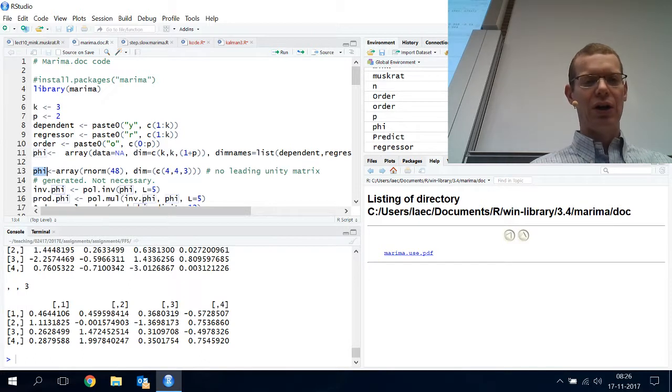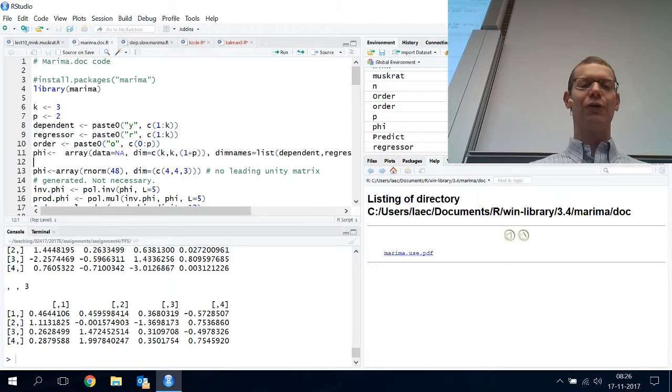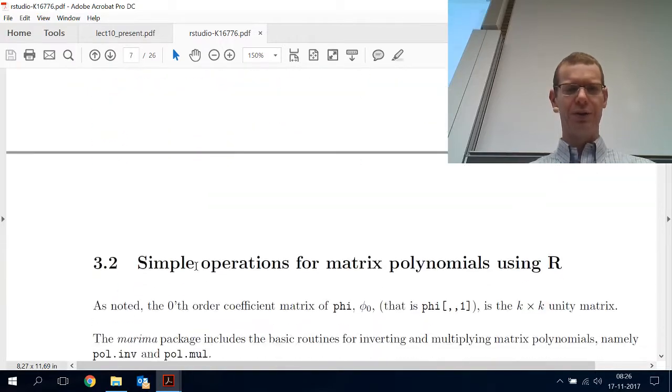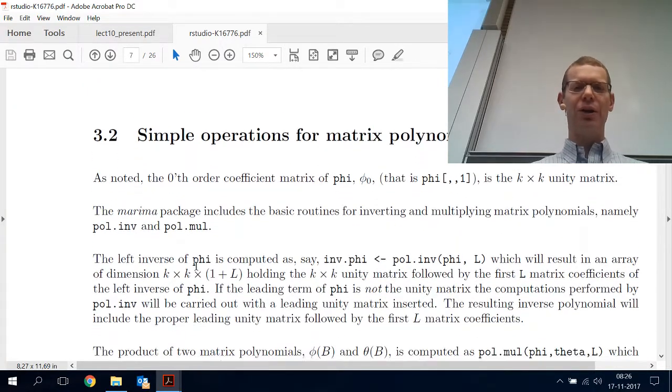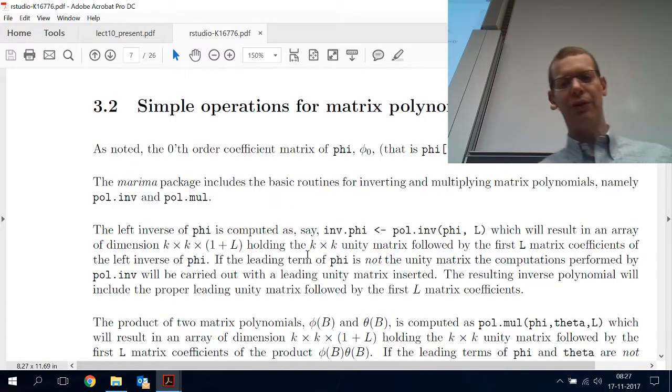Now, if I use it through a function of some kind, the first thing we'll do is to add that identity matrix. But before, I will just get back here and look at operations. What I showed you before is that sometimes you want to invert the model or write it all in psi form, so you need to work with the inverse of this polynomial.